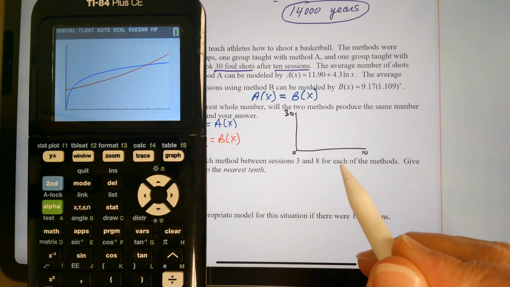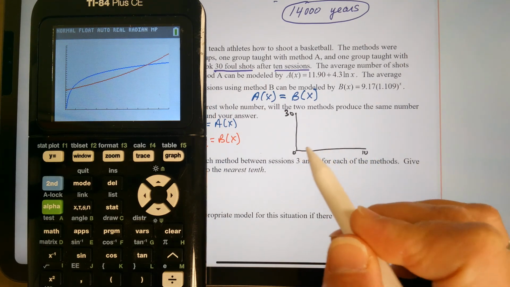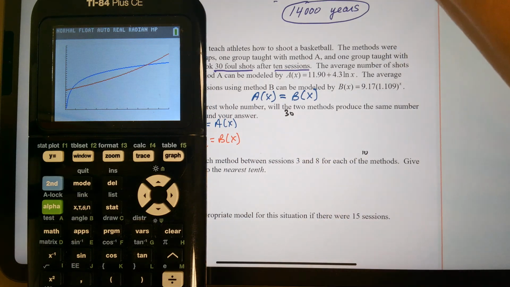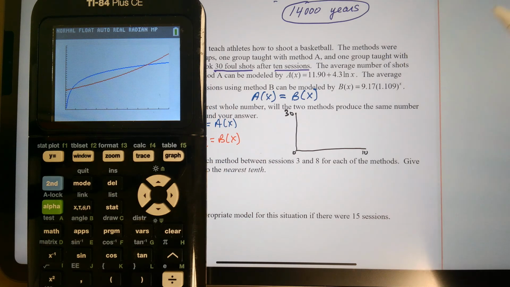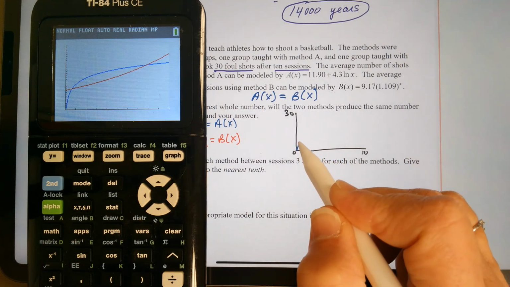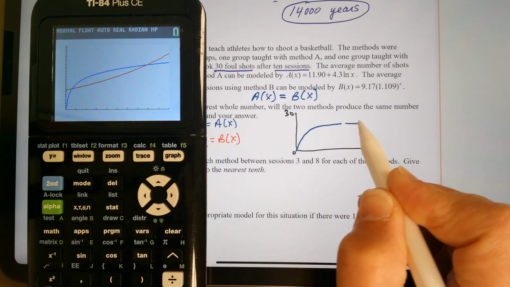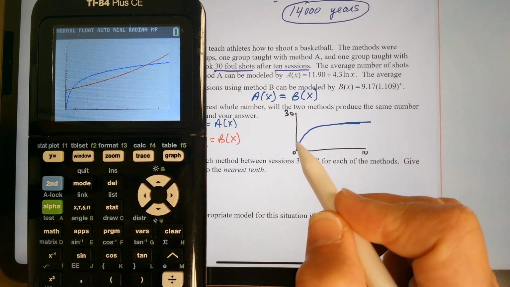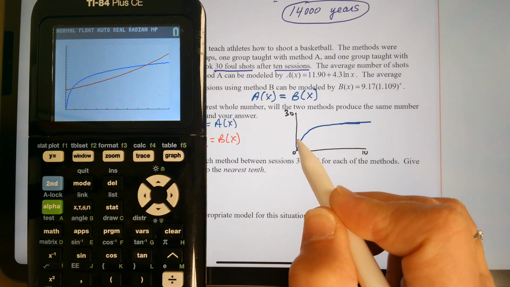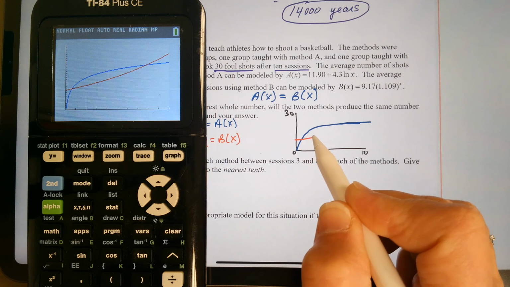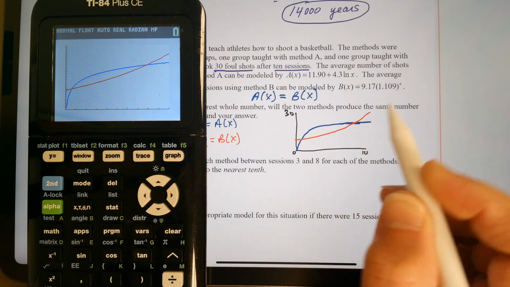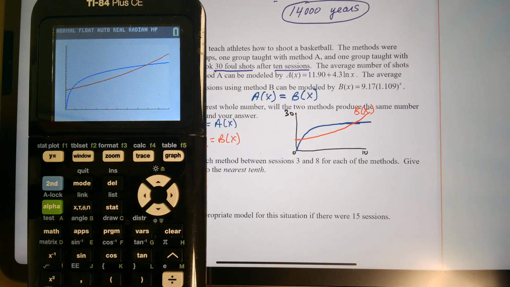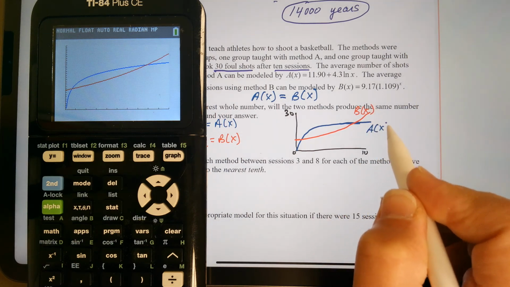This is just a very rough sketch. Okay, so here's my blue. This is A of x. When are they equal?